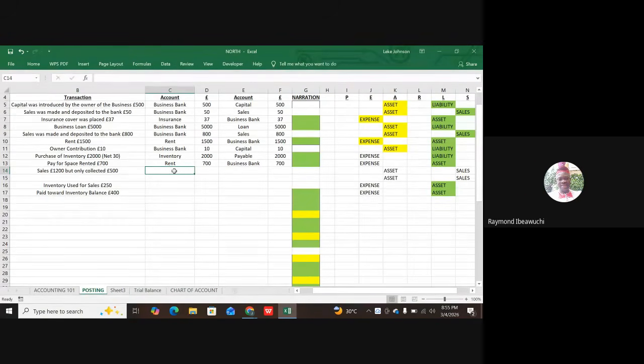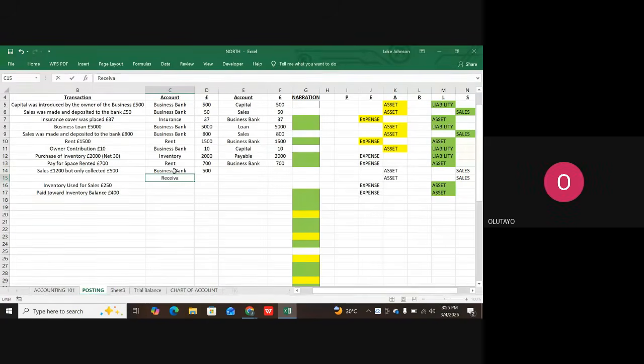Bank, sales, and receivables. Bank will be debited by 500. The remaining 700 will go to receivable. Debit or credit? Debit. Okay, so receivable is debited.